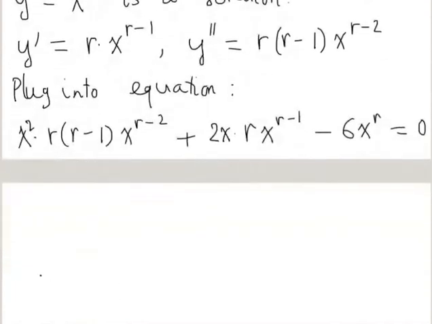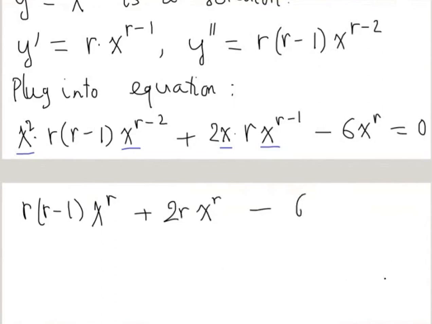Simplify this. So we have r times r minus 1, and then x squared multiplied by x to the r minus 2. We combine the two exponents to get x to the r. The same thing with the middle term. We combine these x's. Then we have 2r, and again x to the r, and minus 6x to the r equals 0.